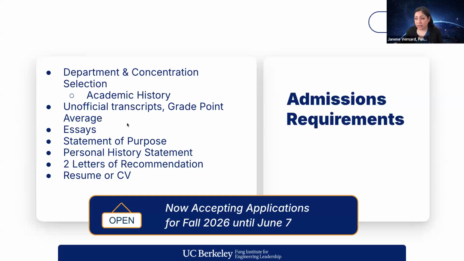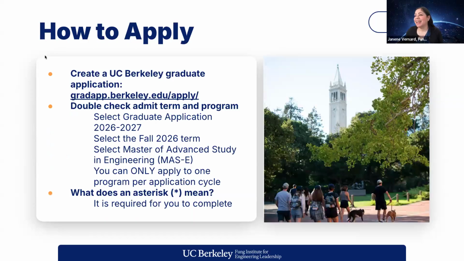There are two essays, the statement of purpose and personal history statement. And we also require two letters of recommendation and then your resume or CV. That is the perfect place where we can see your progression, your CV. And then again, our final deadline is June 7th, 2026. That's the year we're in.